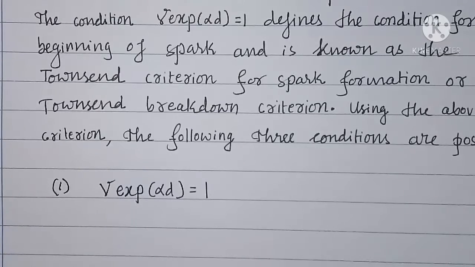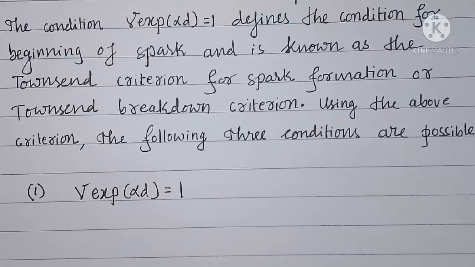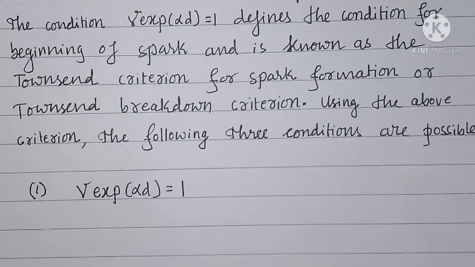The discharge is then said to be self-sustained, as the discharge will sustain itself even if the source producing I0 is removed. Therefore, the condition gamma into exponent of alpha d equal to 1 defines the threshold sparking condition.